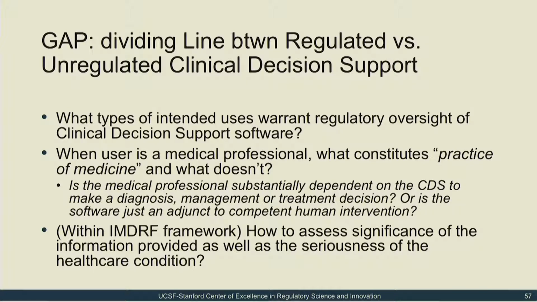And lastly, if we assume that we have adopted the framework, or at least terminology, by the IMDRF and intend to expand it from just software as a medical device to all clinical decision support software, how do we assess the significance of the information provided, as well as the seriousness of the healthcare condition?